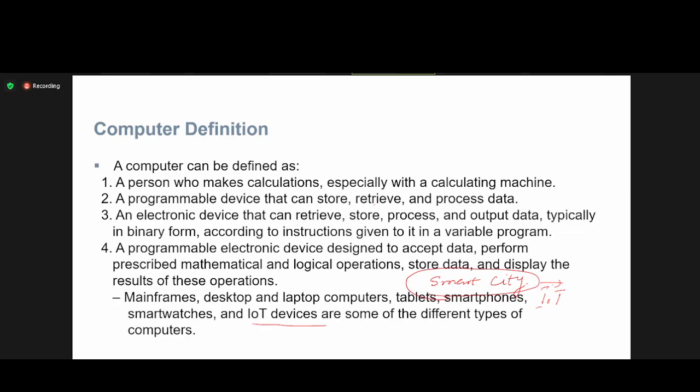Smart means you're using digital technology, processors, and asking everything to follow your digital instructions: take your instructions, listen to you, follow your commands. This is what the computer does. So this is what we call the Internet of Things, which basically controls devices using the Internet. That's our trend, our future destiny.